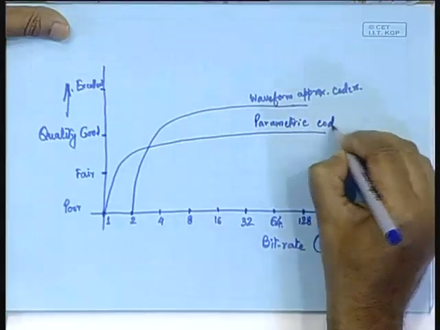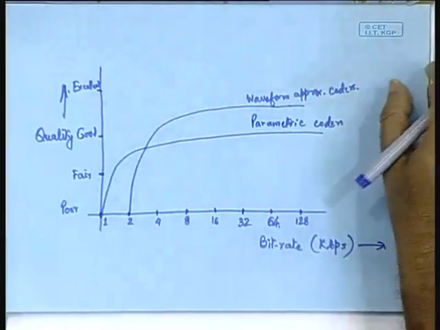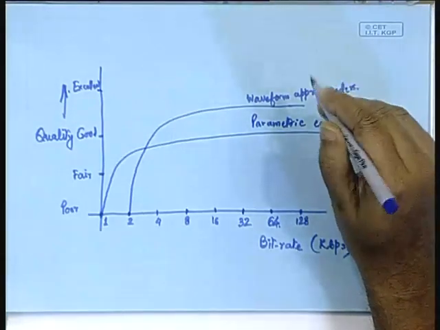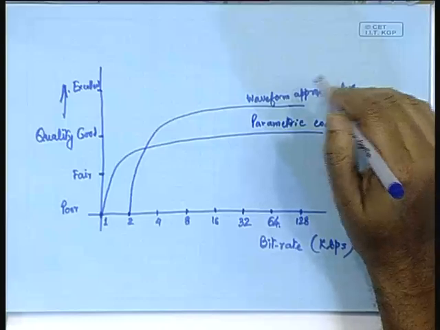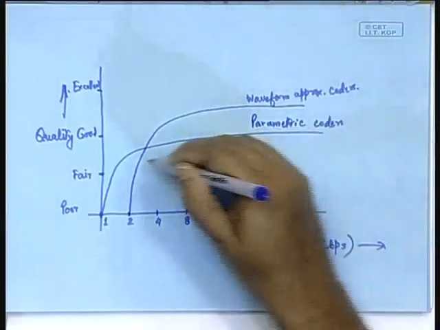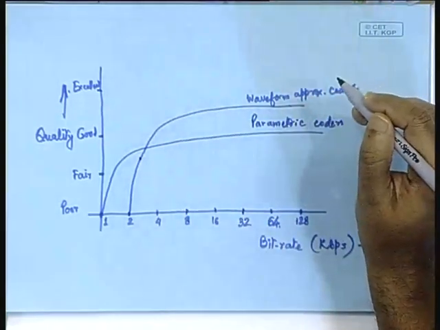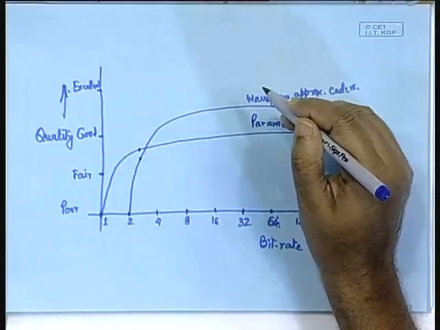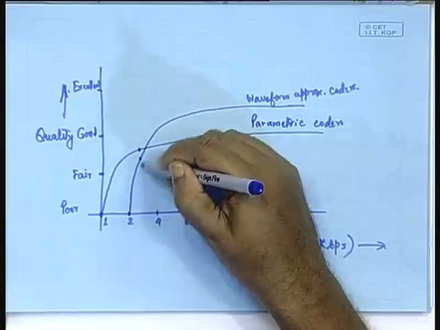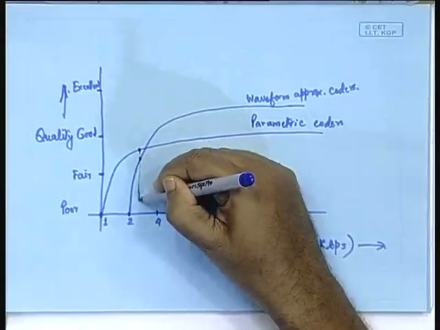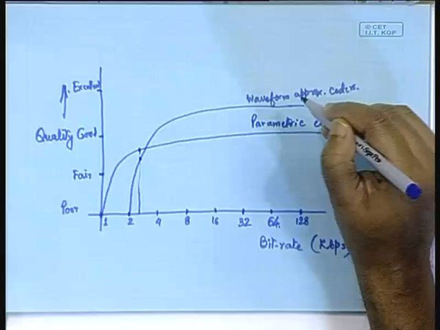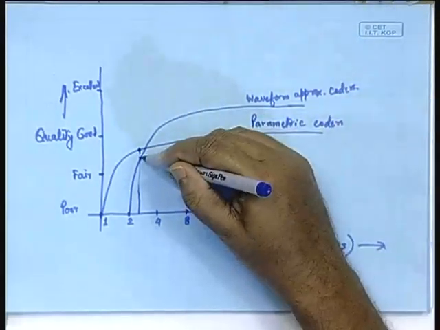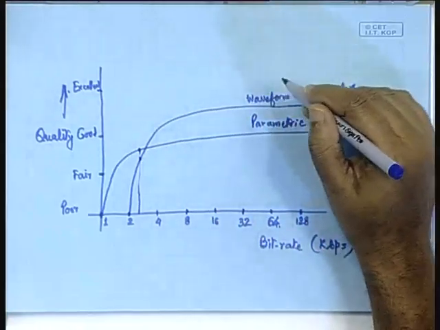But by comparing these two curves, we can have a good inference. If you want a very low bit rate coder, then realizing it using waveform approximating coders will not yield a better result. For example, if you take it somewhere around 3 kilobits per second or so, you definitely find that the parametric encoders are better in performance as far as this curve is concerned.